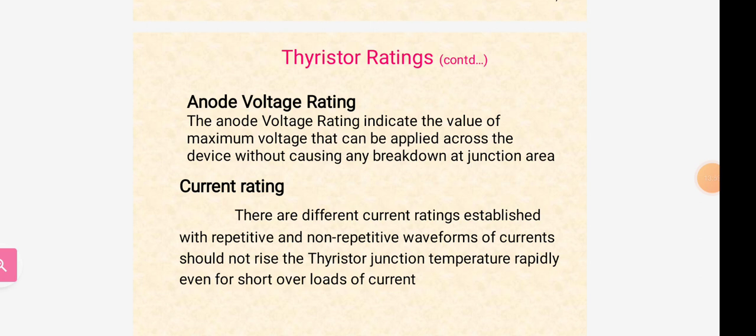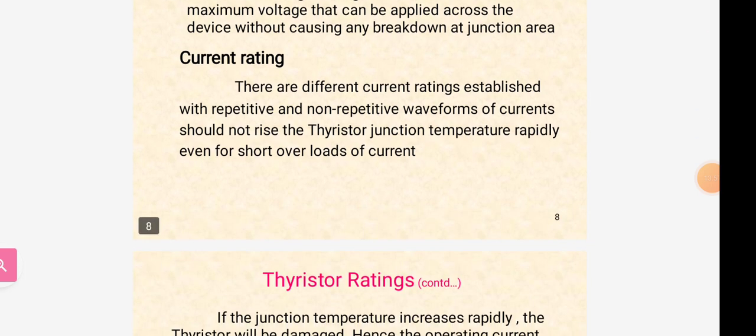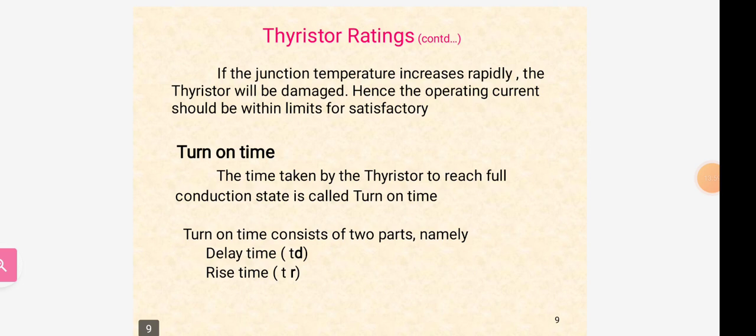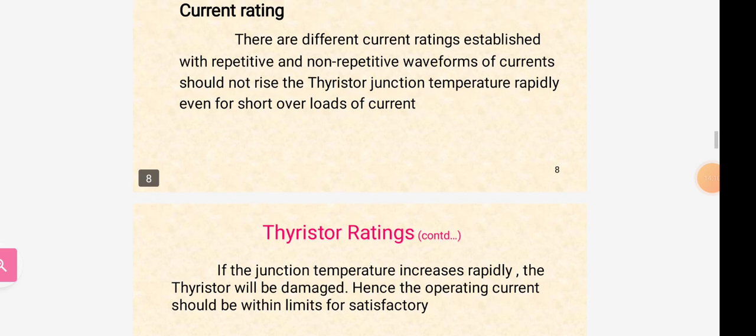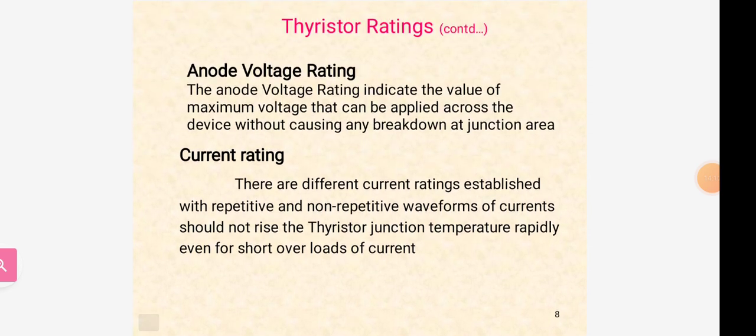Current should not raise the thyristor junction temperature rapidly, even for short overloads of current. In the current ratings of an SCR, the thyristor junction temperature rises rapidly even for short overloads of current.